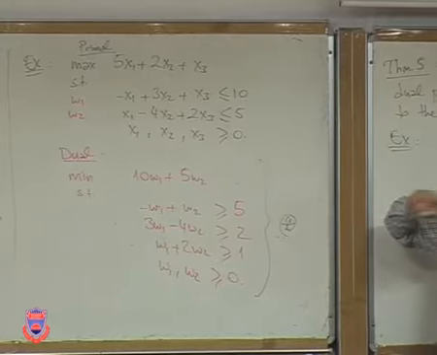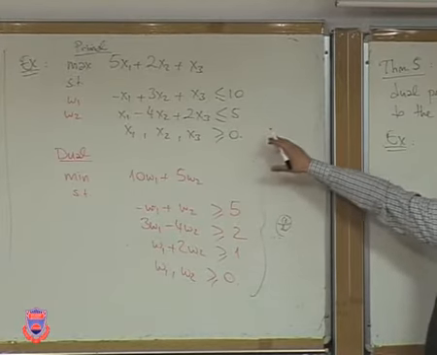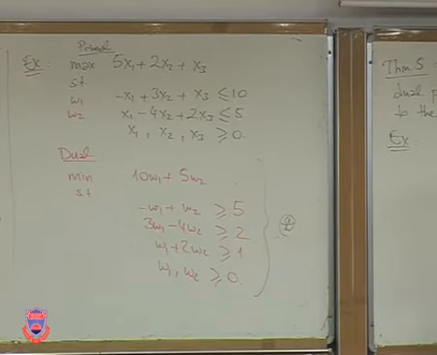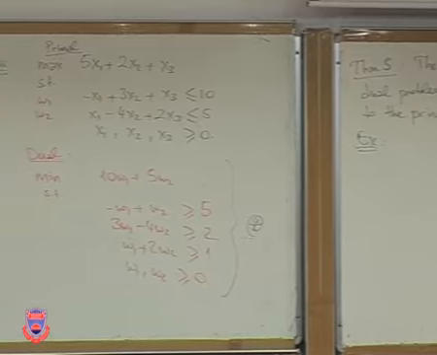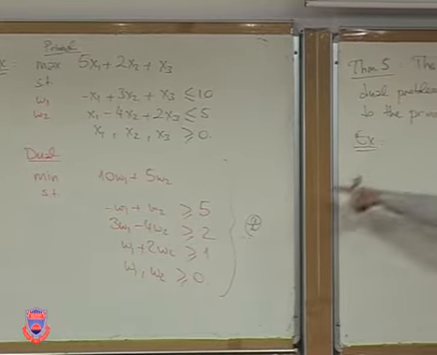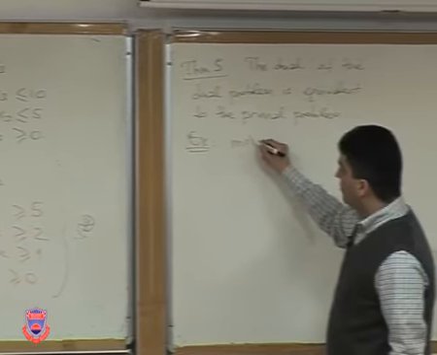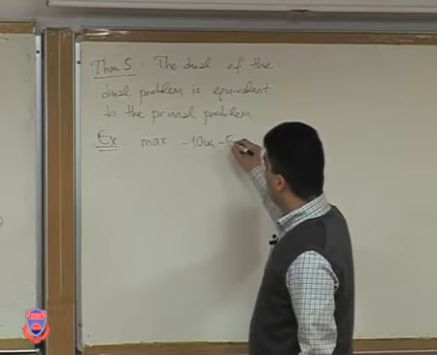In other words, I want to make this problem a maximization problem with less than or equal to constraints. So how can I do that? Well, how can I change the objective function to a maximization problem? Multiply by -1, right? So that problem is equivalent to maximizing minus 10W1 minus 5W2.